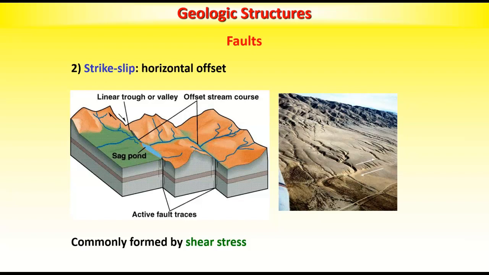We couldn't really determine it from a cross-section, the layer cake, because there's no up and down motion. Okay, so it's key that when you're trying to identify a fault, now of course in a classroom setting where we have to draw you pictures or give you block diagrams, the view is important. If you're out in the field, of course, that might be a little different, but for identifying faults from little diagrams, you need to know what view you're seeing. Are you looking down on the surface of the earth, or are you looking at a cross-sectional view?